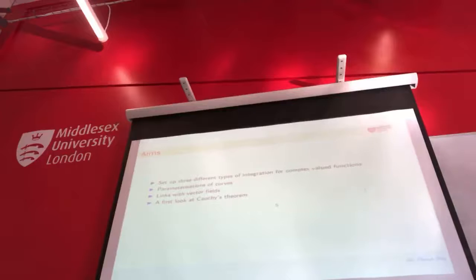I don't want to pre-prove all those in the complex domain because you've already proved those things in the real domain, and it's easier to just say it's pretty much the same thing, and then you get all of that machinery free with it. And at the end I'm going to look at a massively important theorem called Cauchy's theorem.